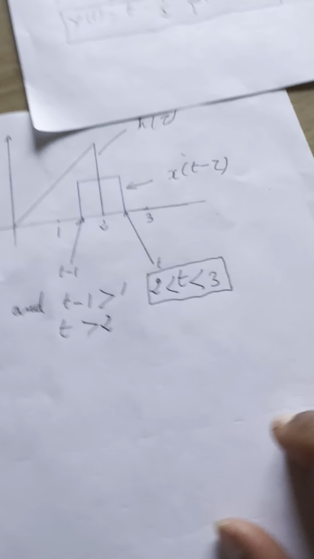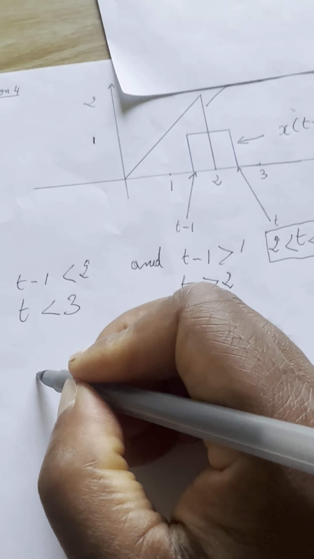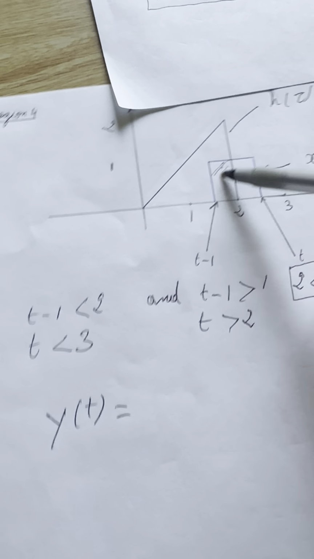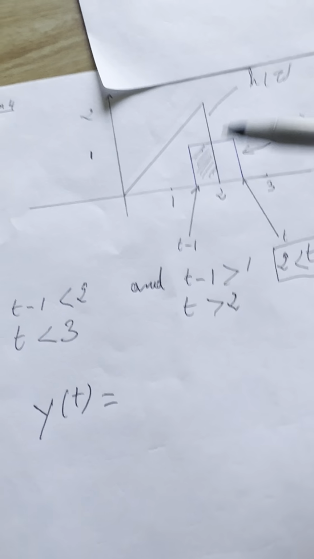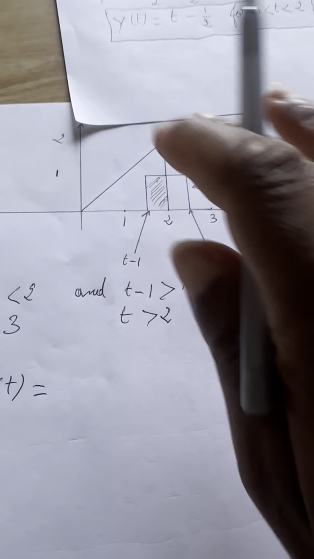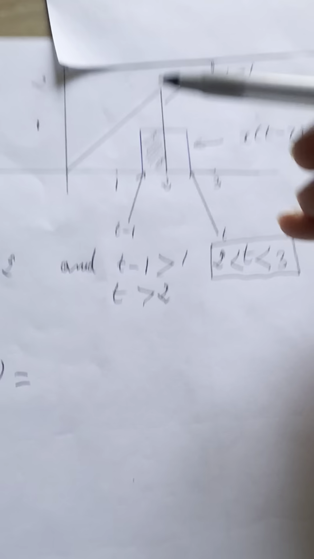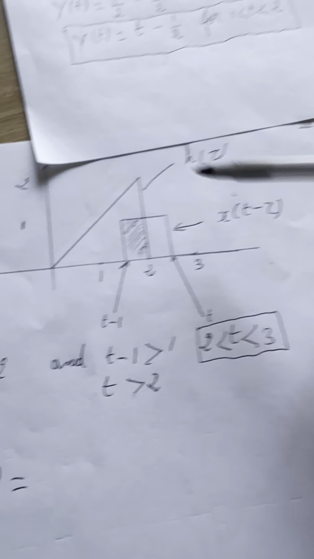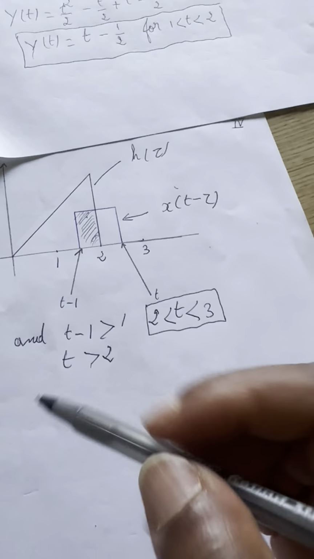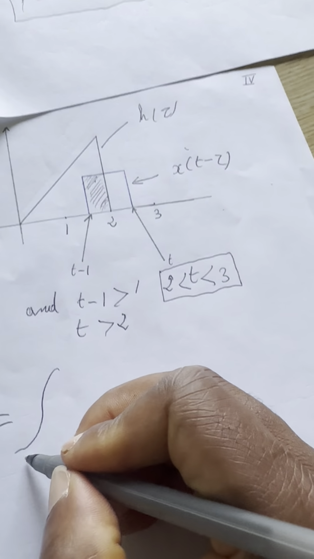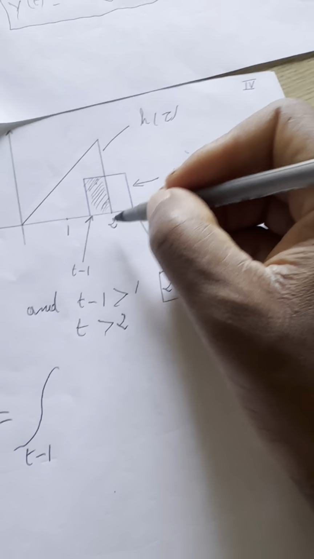Now we need to do the integral of y(t). We need this area, between t minus 1 and 2. This one we don't need, we need only this area between h(tau) and x(t minus tau). So the integral is between t minus 1 and 2.